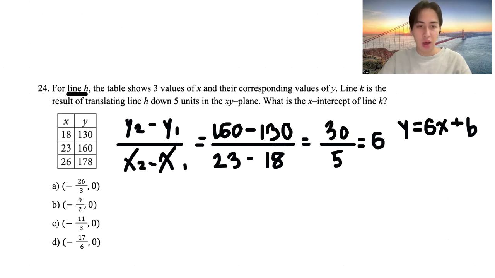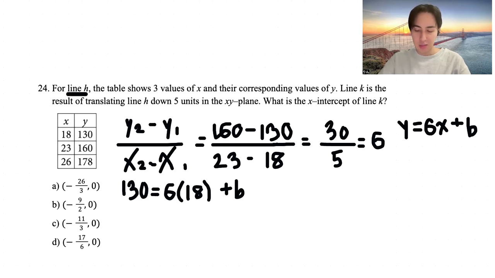So that means that y would be replaced with 130 equals 6 times 18, the corresponding x value, plus b. 6 times 18 is 108, and you have plus b. On this side, you still have the original 130.